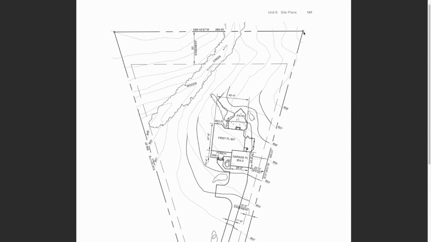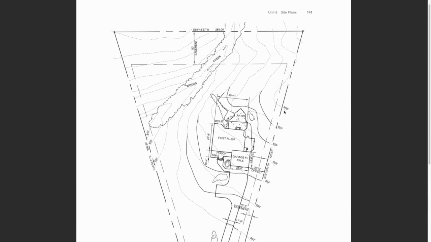So again, that's a line that's almost due west, right? Due west would be south 90 degrees west. So you see a bearing and a length, 289.00 feet. So that describes that bearing and dimension describes this back piece of the property line.